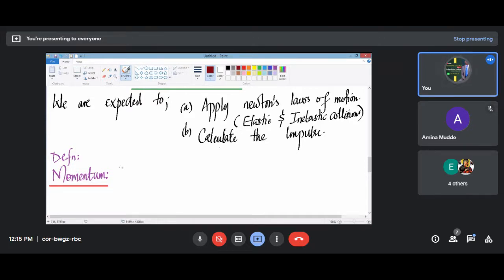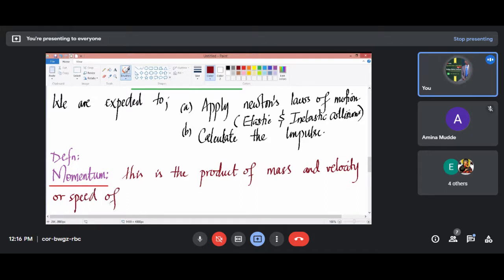Okay, let's begin at the definition of momentum. This is the product of mass and velocity, or speed, of a body in motion.